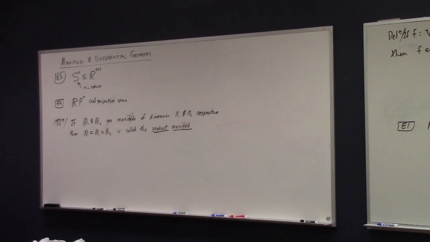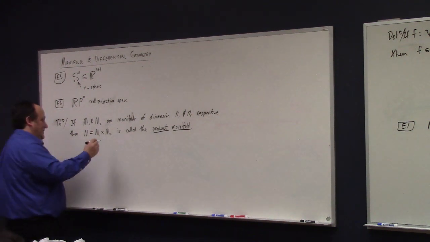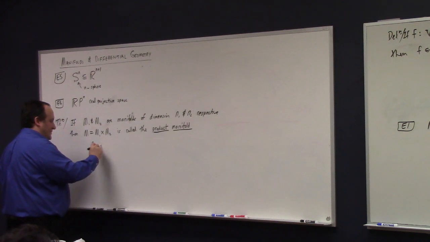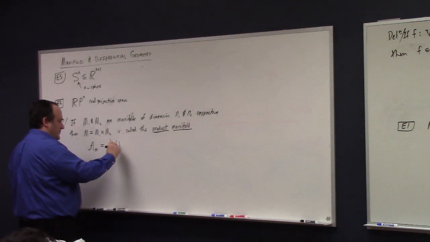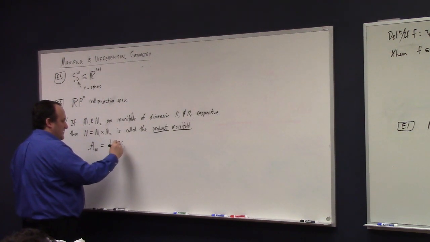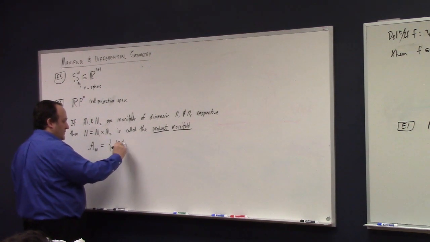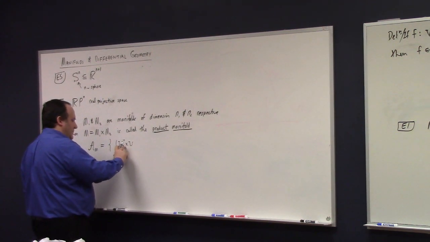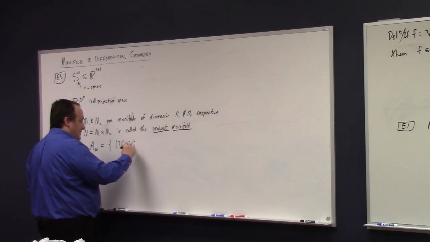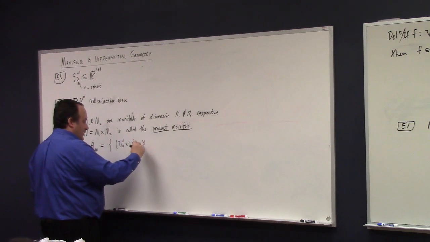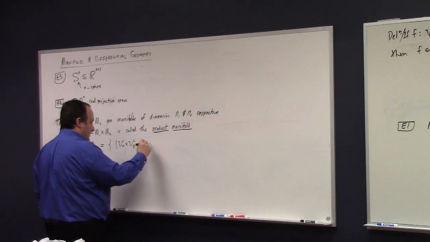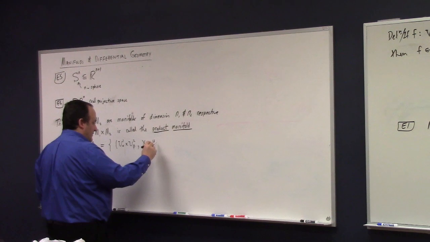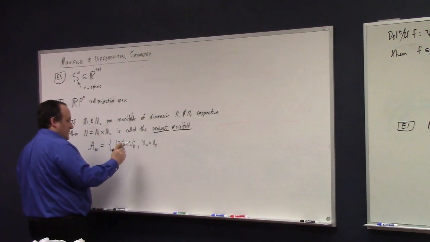And how do you build its charts? What do you guys think? Like what would be the atlas for M? What you're gonna do is you do U, let's say, I'm gonna put an upper index for a change, U^alpha cross V^beta, with X^alpha cross Y^beta.